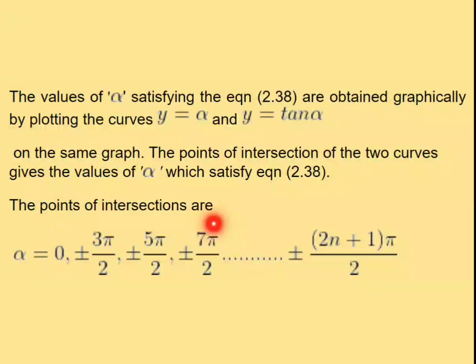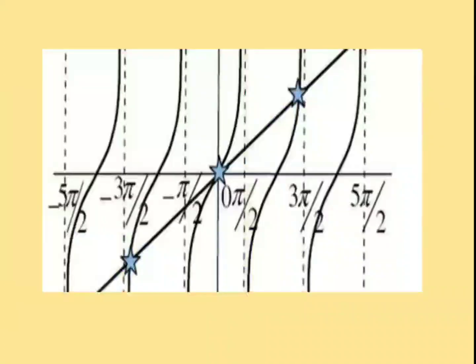These points of intersection are obtained at α = 0, ±3π/2, ±5π/2, ±7π/2, and so on, that is ±(2n+1)π/2. So this is the graphical representation.